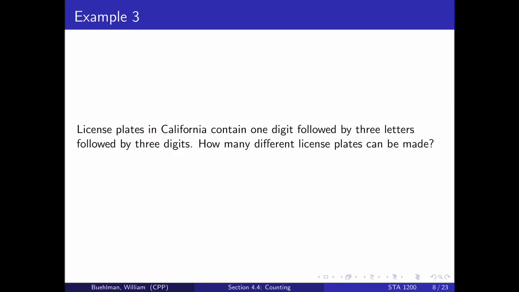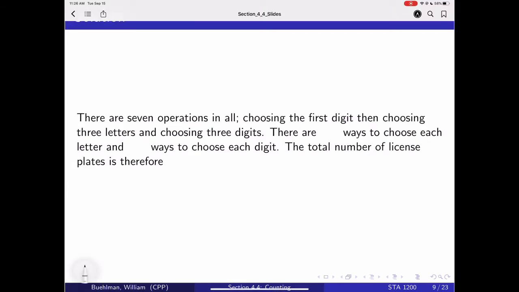Example 3. License plates in California contain 1 digit followed by 3 letters followed by 3 digits. How many ways can different license plates be made? There are 7 operations in total: choosing the first digit, then choosing 3 letters, and then choosing 3 more digits. There are 26 ways to choose each letter and 10 ways to choose each digit.